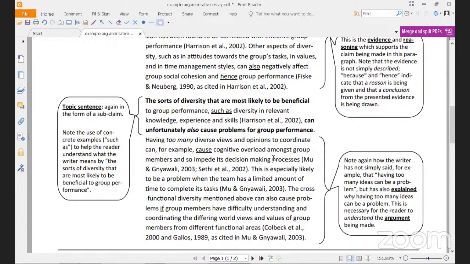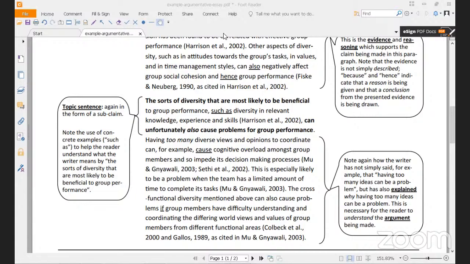Okay. The sort of diversity that are most likely to be beneficial to group performance, such as diversity in relevant knowledge, experience, and skills, can unfortunately also cause problems for group performance.